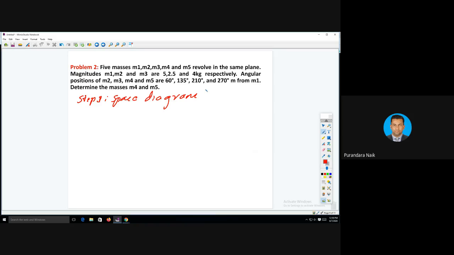Space diagram. To draw the space diagram, first we need to draw a horizontal line. Because it is a single plane, you can draw a line on the reference line.